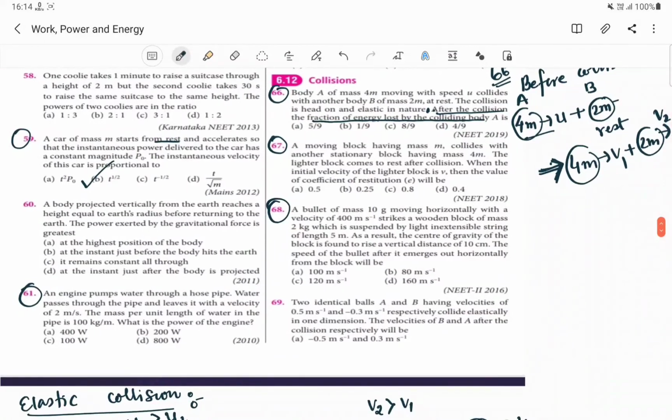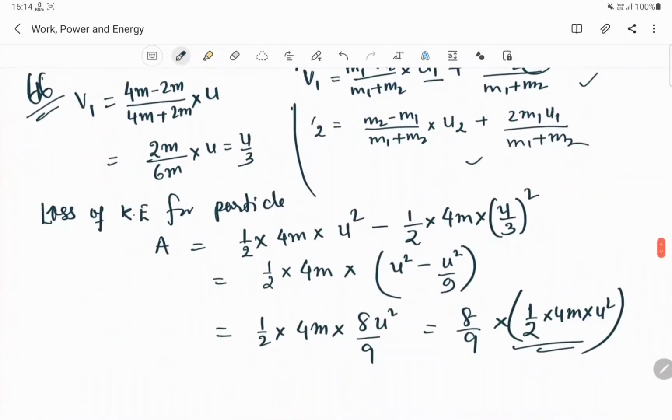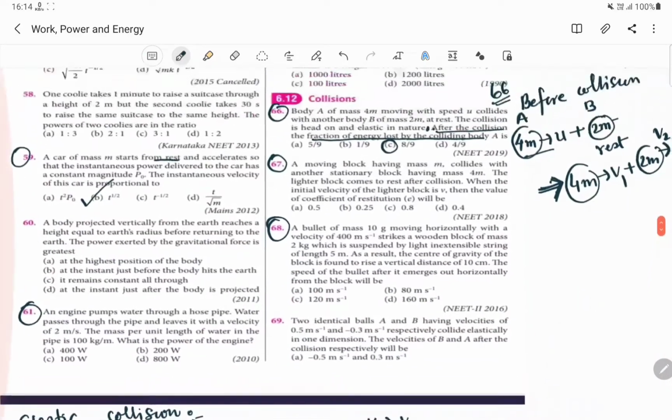So our answer will be 8 by 9 into the initial kinetic energy. That's very simple. Our answer will be option number C.